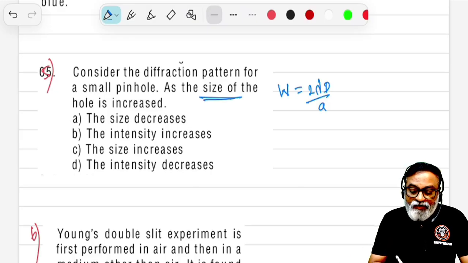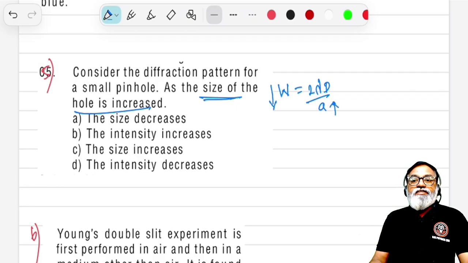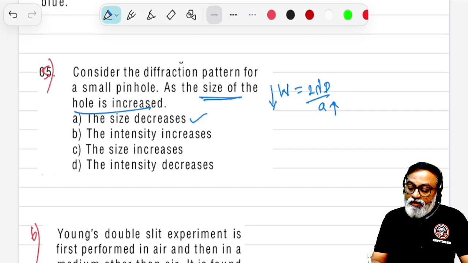This is the linear width of the central maximum of the diffraction pattern. As the size of the pinhole increases, meaning a increases, the width decreases. Therefore the size decreases.